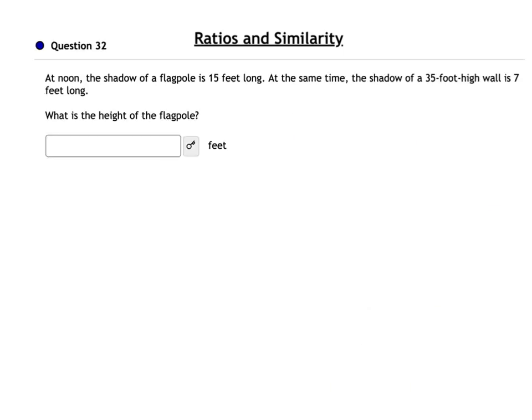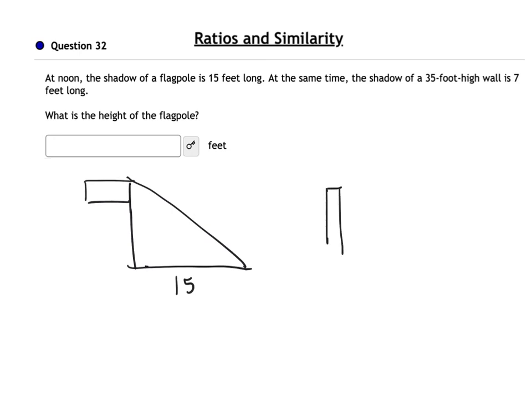Question 32 is one of those flagpole questions. You have a flagpole, here's my flag, and it casts a shadow that is 15 feet long. At the same time, I have a wall that is 35 feet high, and it casts a 7-foot shadow.